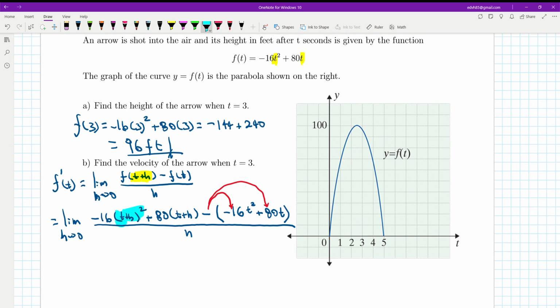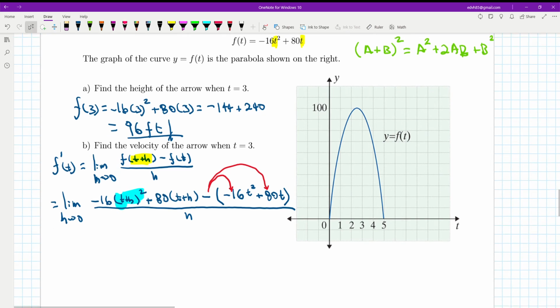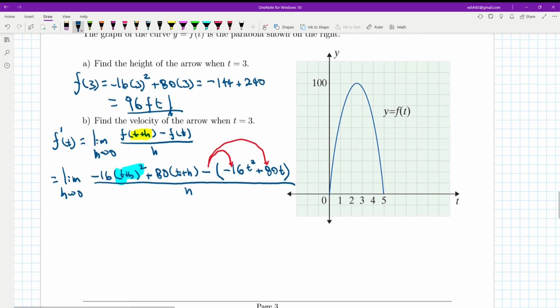So you might want to recall the formula for the binomial squared. I believe I covered something like this in the previous section. If not, when you have a binomial squared, if you FOIL, in the end, what you get is the square of the first term plus 2 times the first times the second, plus the square of the second term. So we can apply this rule of the binomial square to the t plus h squared to get the following.